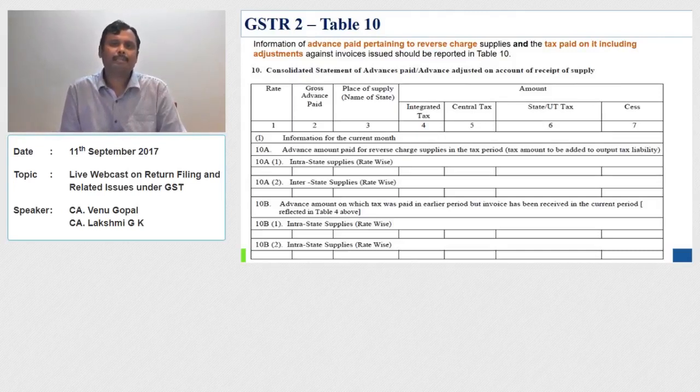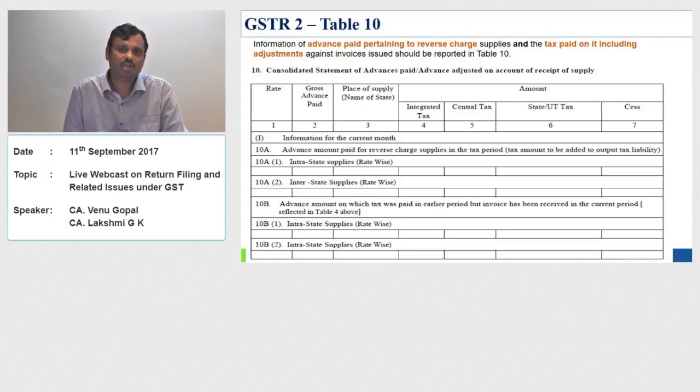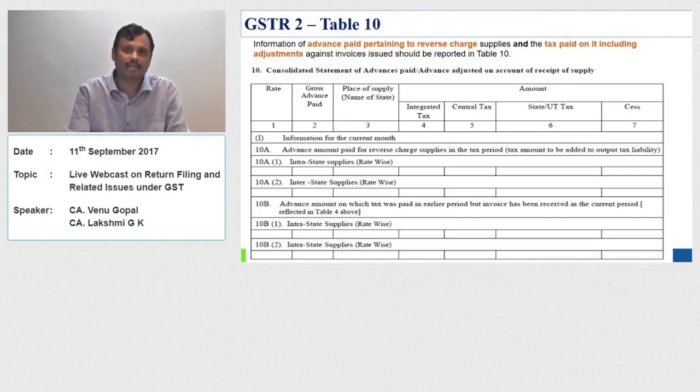Wherever you are making payments to an unregistered supplier, and the purchase is not recorded. So mind you, you have made a payment and the purchase is not recorded under table 4. Those purchases, those payments are to be reported under table 10 and you shall discharge the tax.